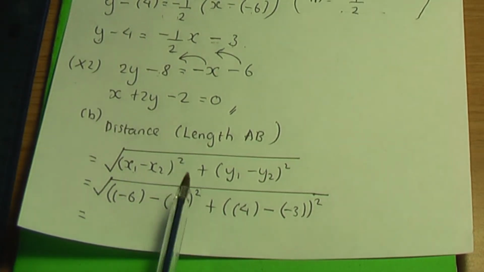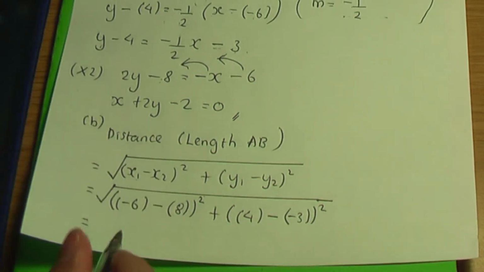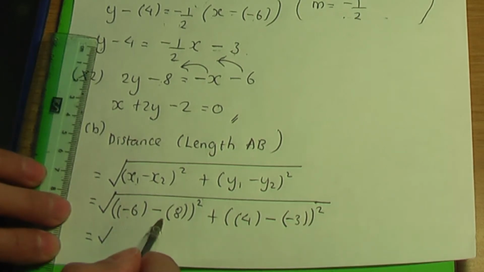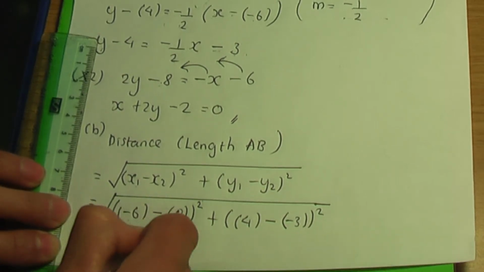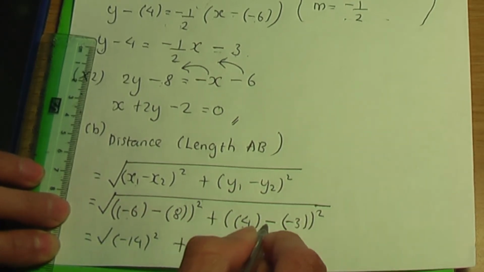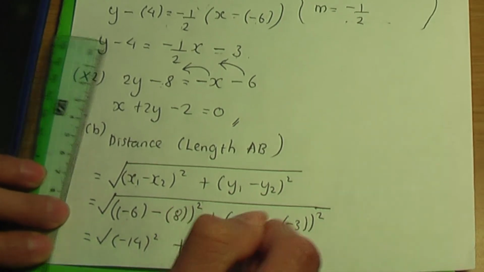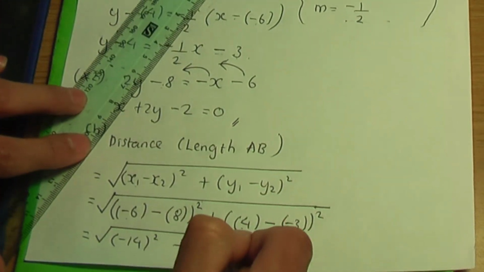And all that we do now is simplify. So we have the square root of minus 6 minus 8, which is minus 14. So you have minus 14 squared plus 4 minus minus 3 is 7, so plus 7 squared. You have that term under the root.